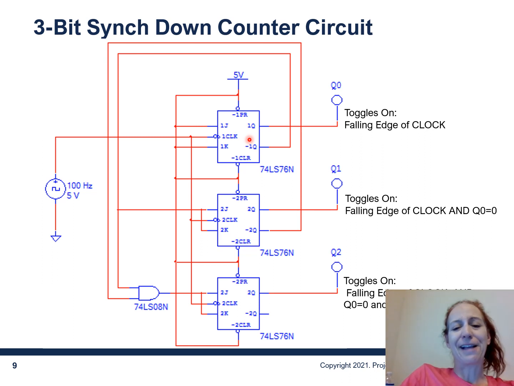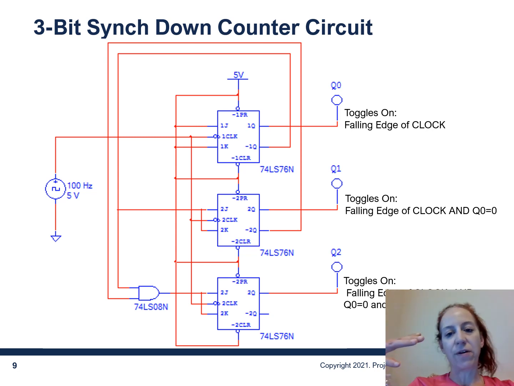So you need to tie it to the Q not, the opposite polarity. So that's your down counter, and just make sure you make note of whether you're designing an up counter or a down counter and how to change it.